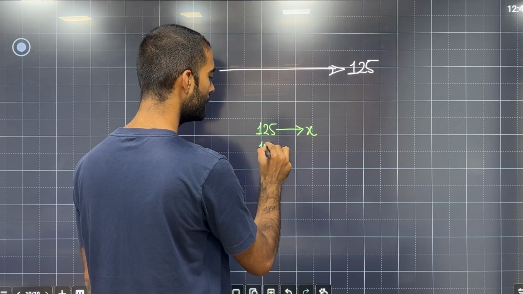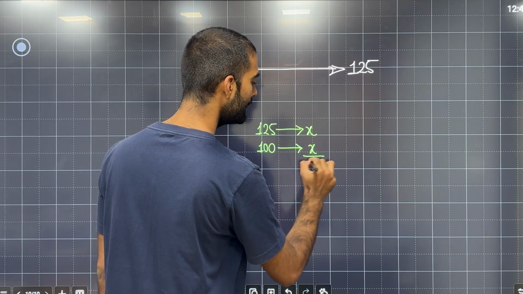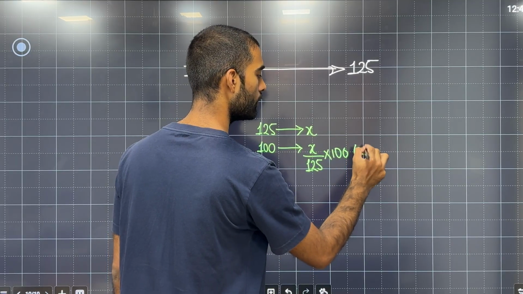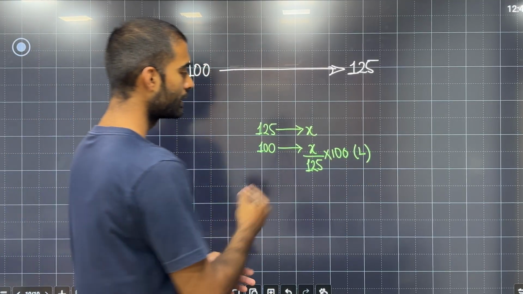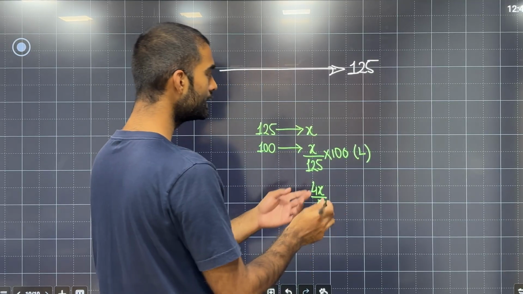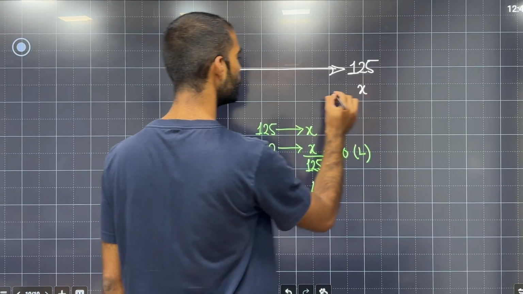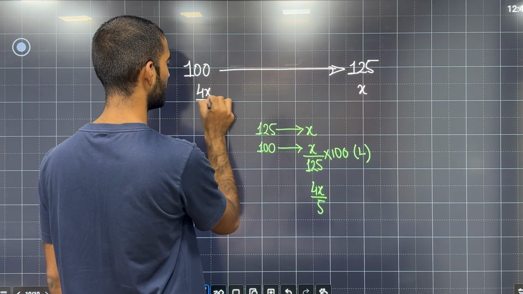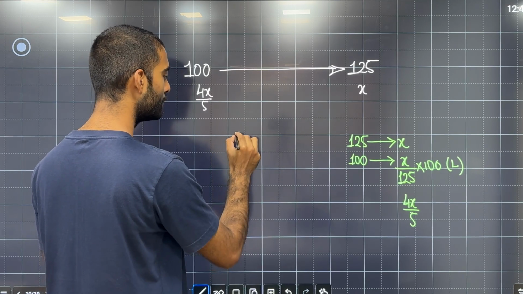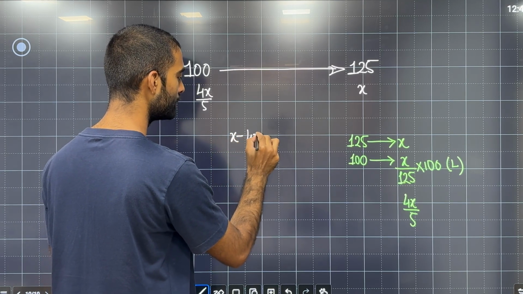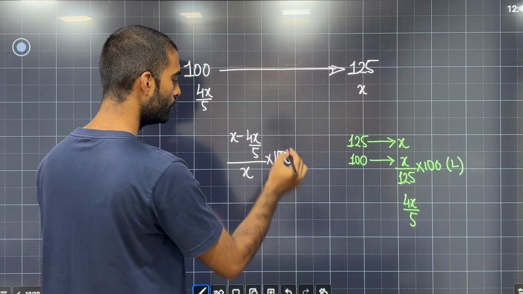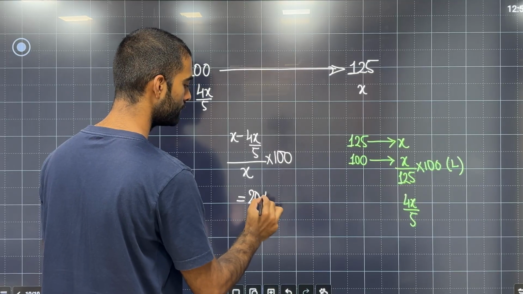Now for 100, we are going to get X divided by 125 times 100 liters of petrol. And this comes out nothing but 4x by 5. So his consumption should go from X to 4x by 5. So the change is X by 5. X minus 4x by 5 divided by X times 100, which is nothing but 20%.